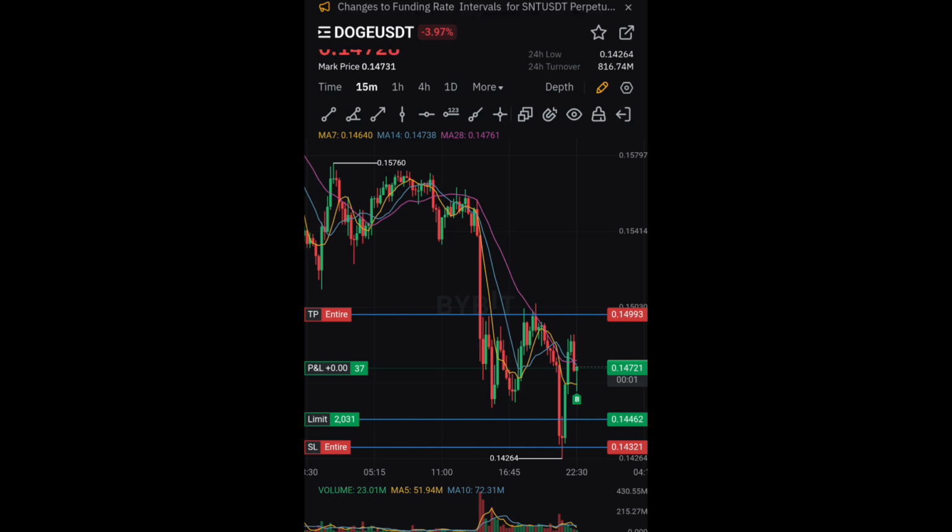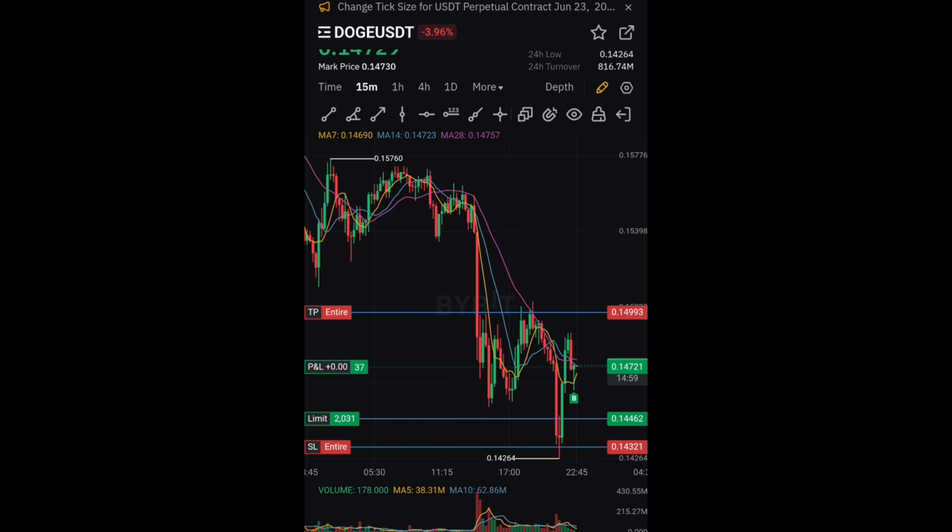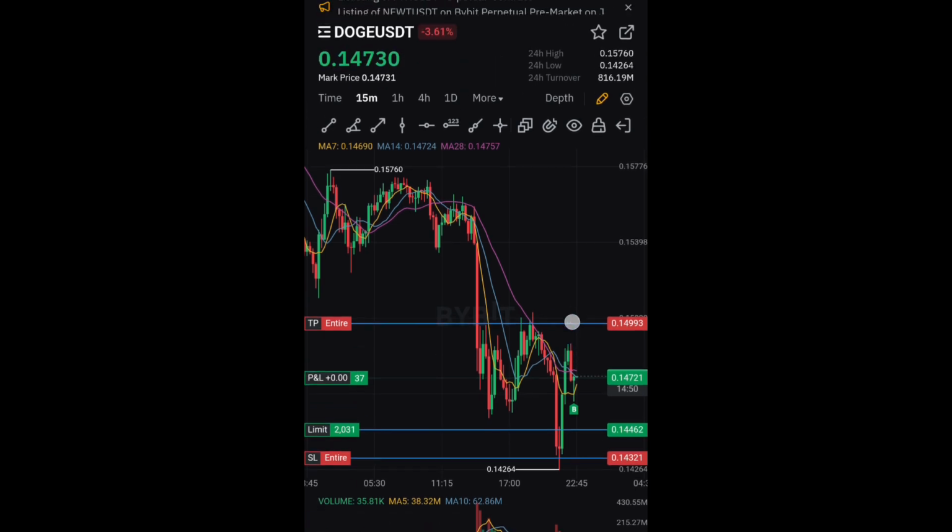So you put your stop loss at the top right here, then put your take profit down, then the place you want to enter. That's how you can long and short.